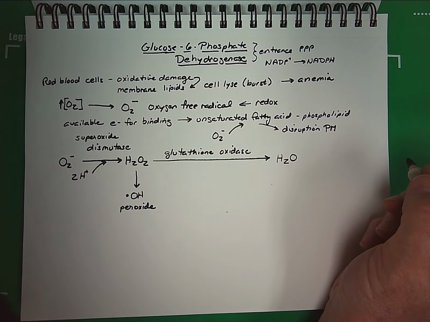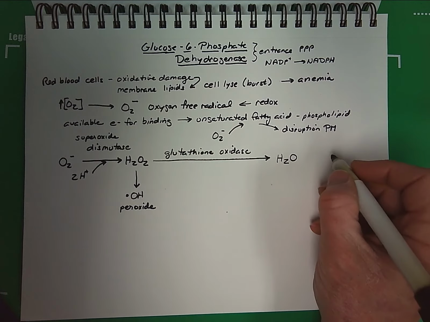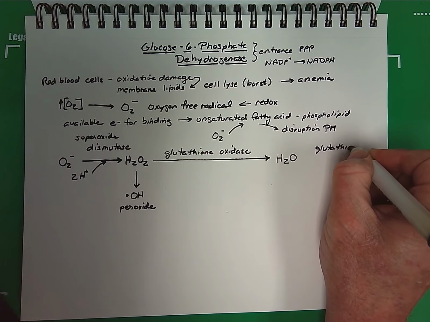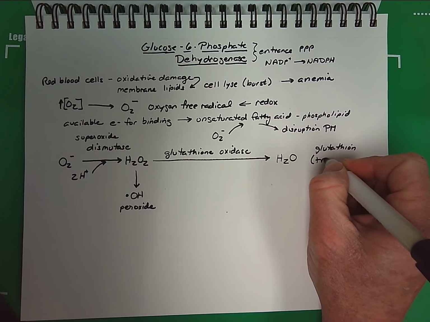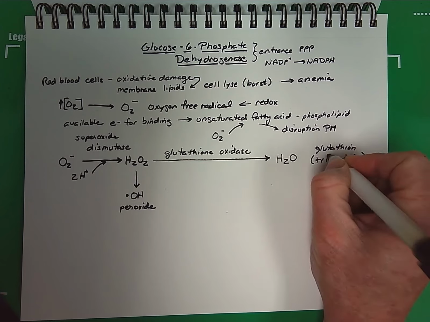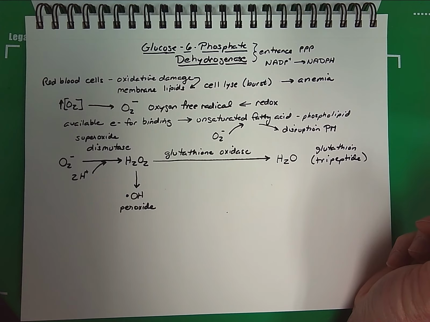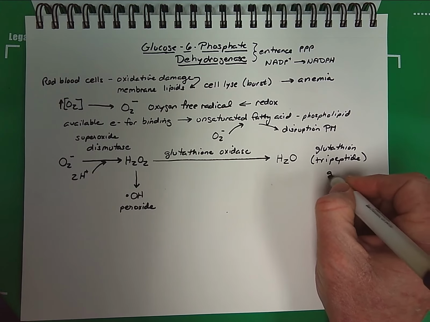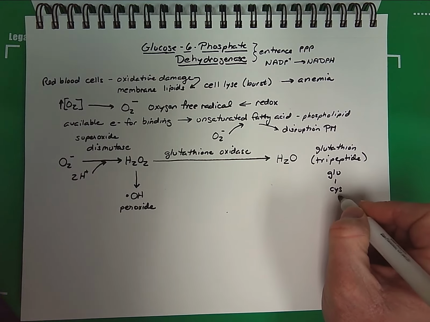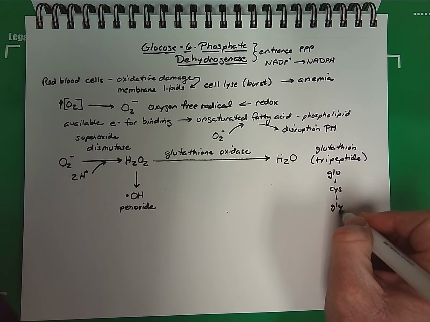Now let's take a look at glutathione. Glutathione is a tripeptide. Recall, a tripeptide is a 3 amino acid sequence, and the sequence is glutamate, cysteine, glycine.